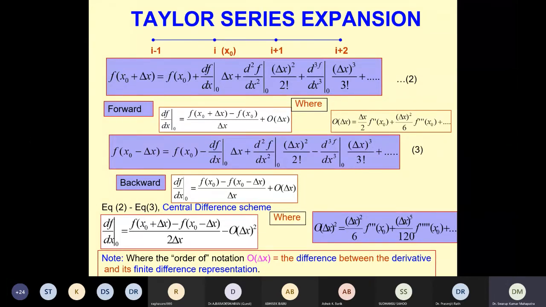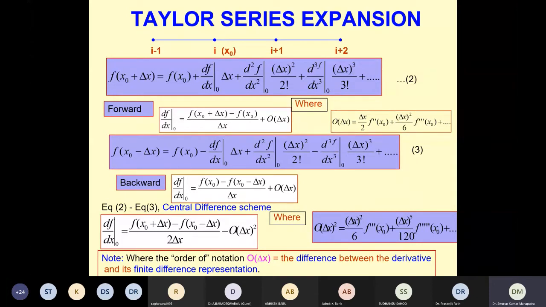When we are searching for the dependent variables at any node, we also consider the neighboring nodes and their influences. Their influences come in terms of a central difference scheme, backward difference scheme, forward difference scheme, or upwind scheme, and depending upon the type of scheme, the coefficients will come up.